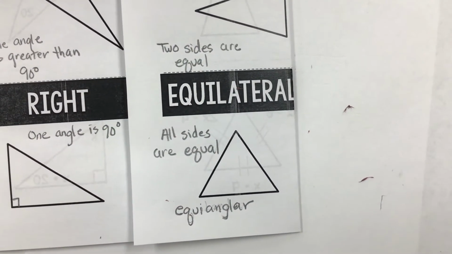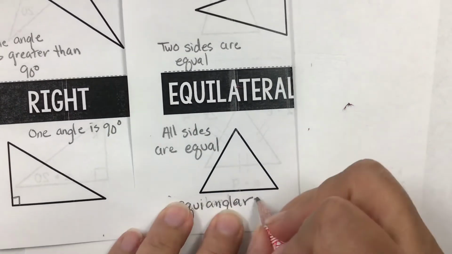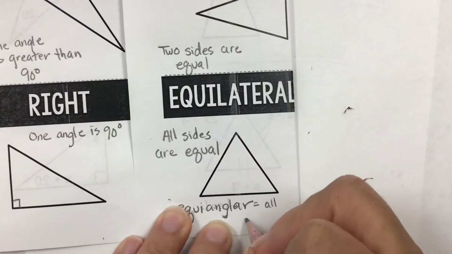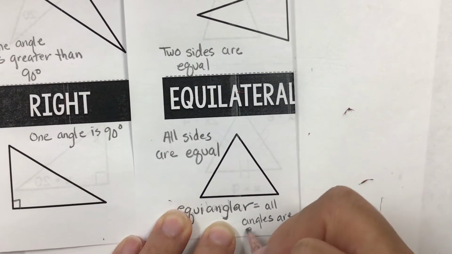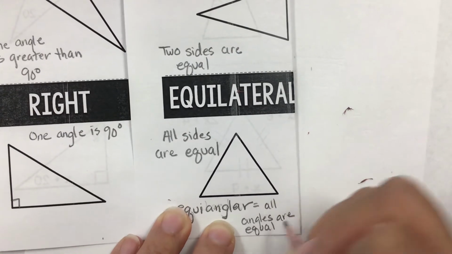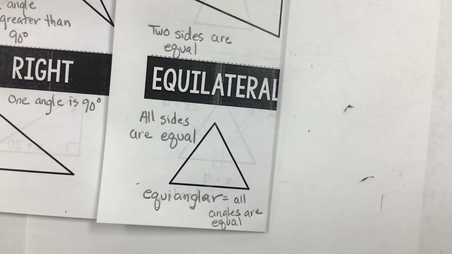Okay. Equiangular means that all angles are equal. Equilateral, telling us that all sides are equal, also tells us all angles are equal.